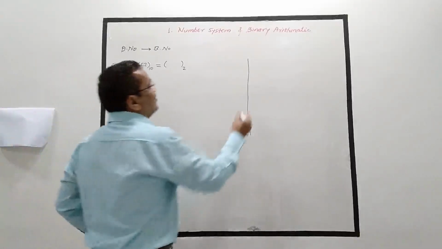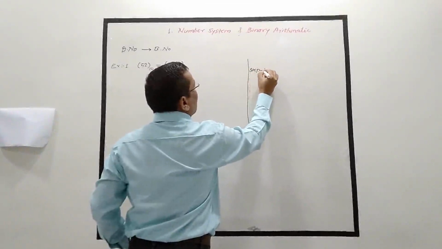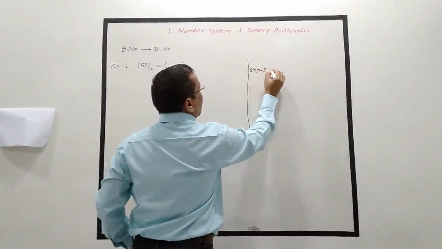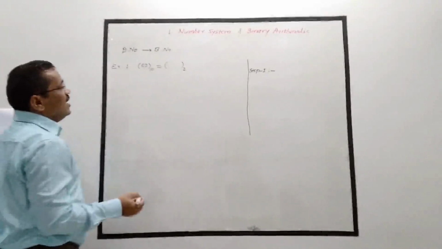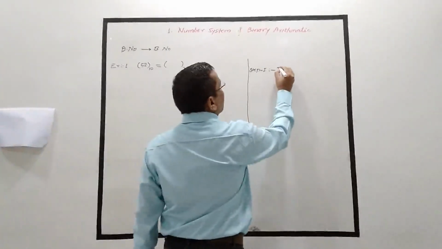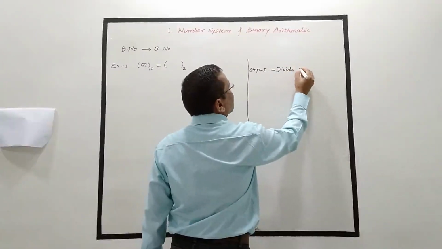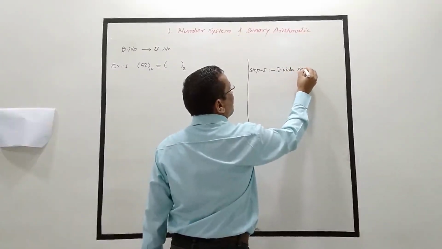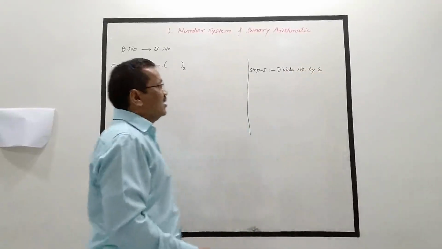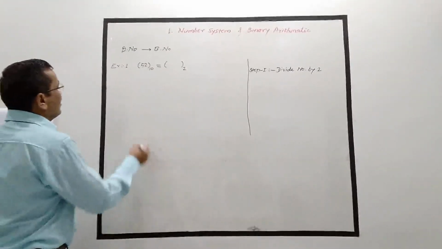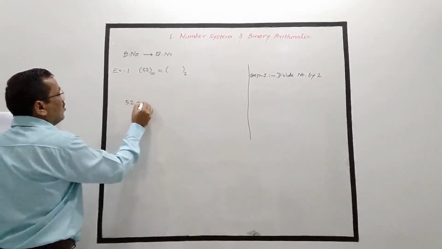Step 1: Divide the given decimal number by 2.